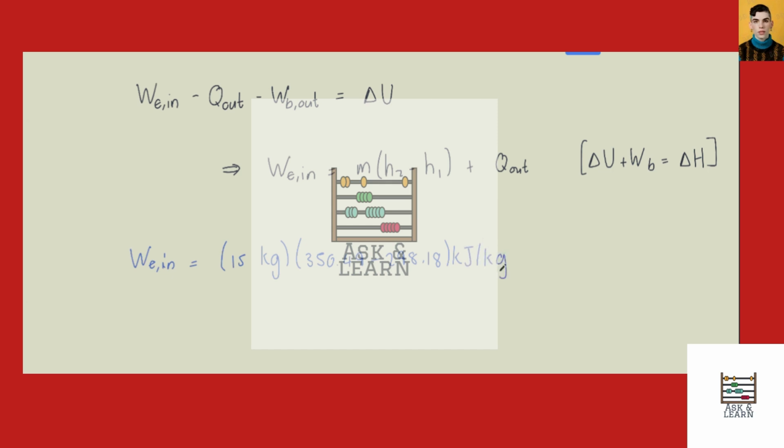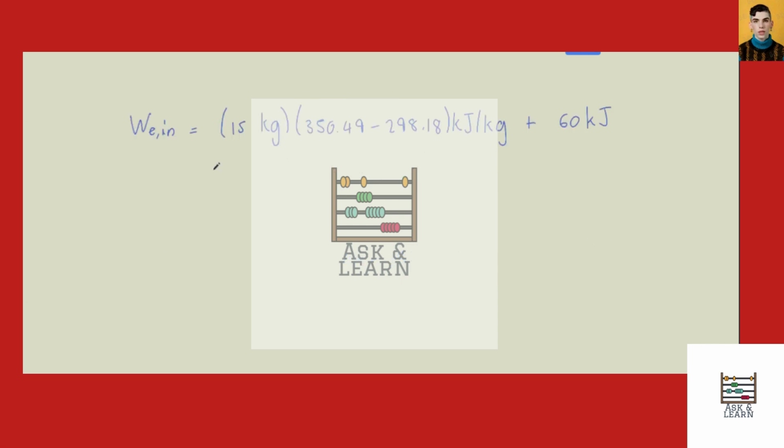So we found these from our table, plus the heat that leaves the system, which is 60 kilojoules. So in one go, we actually can find this work done by the resistance heater, and this is 845 kilojoules.